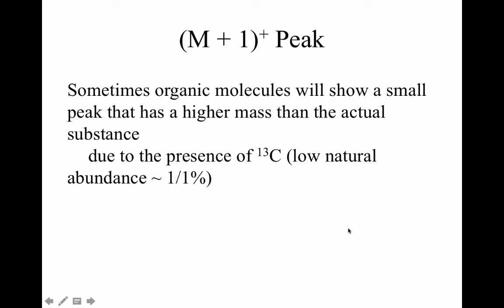It's important to note that sometimes we'll see a little peak that's called the M+1 peak. And this doesn't really represent a different fragment. What it represents is the presence of the carbon-13 isotope.